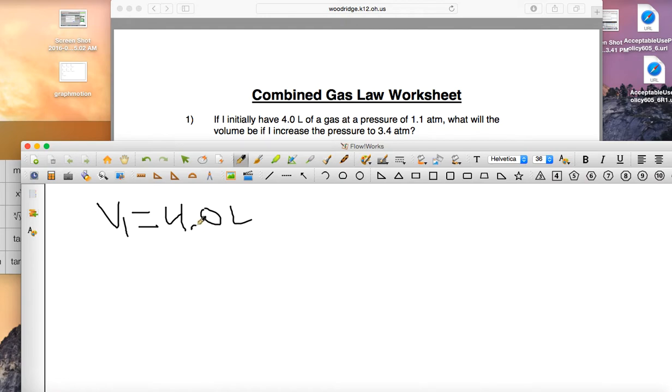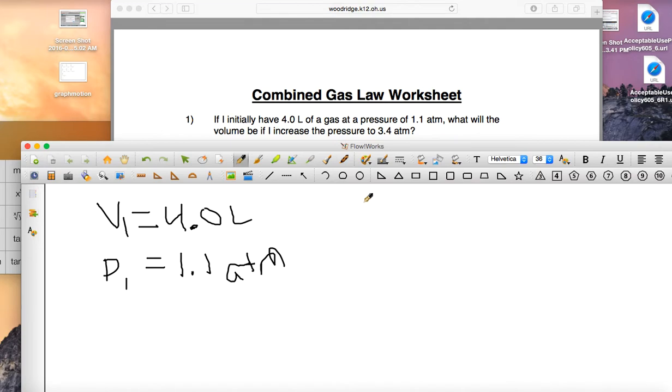Sorry, it's hard to do without the little pen. And the initial pressure equals 1.1 atm. And then it says, what will the volume be if I increase the pressure to 3.4 atm?